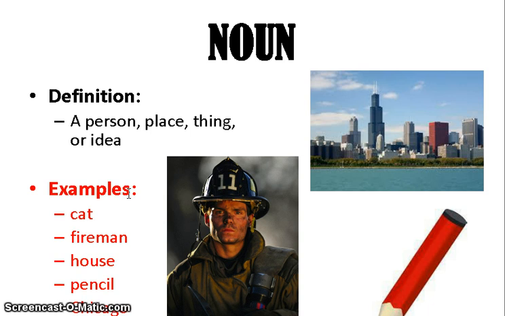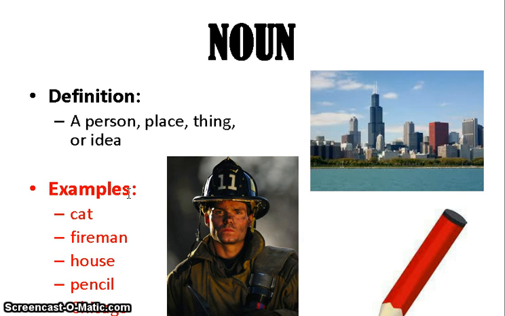A noun or noun phrase can be placed before a verb to tell what or who is doing the action of the verb. You can put it at the beginning of a sentence to tell what or who is doing the action of the verb.